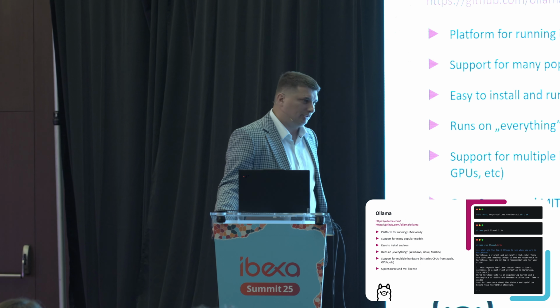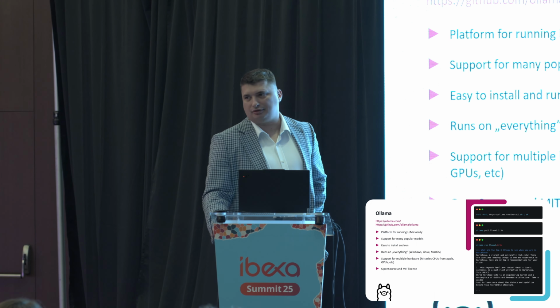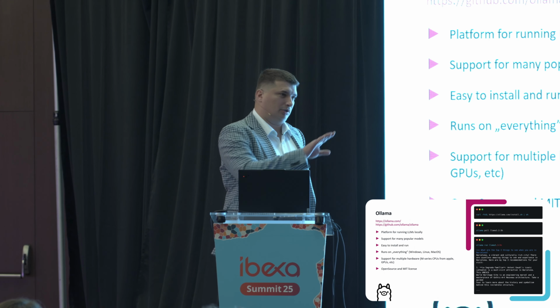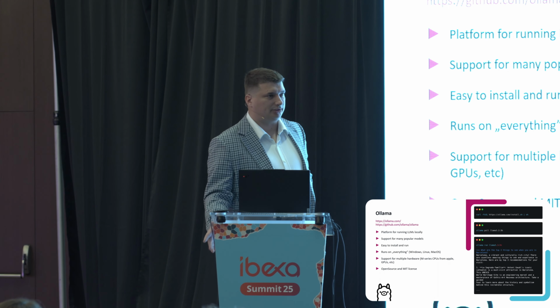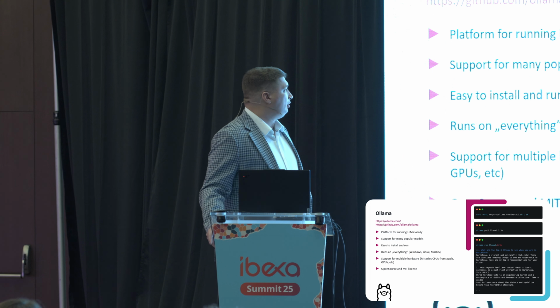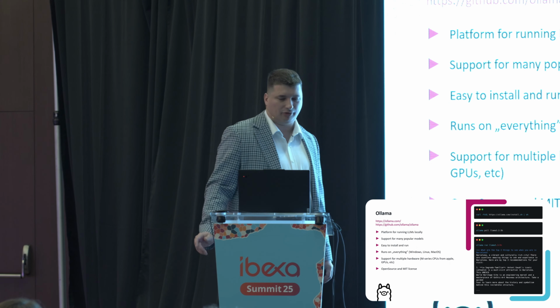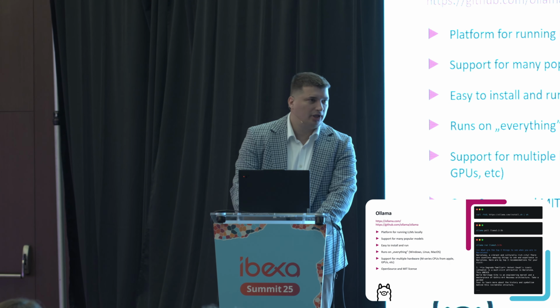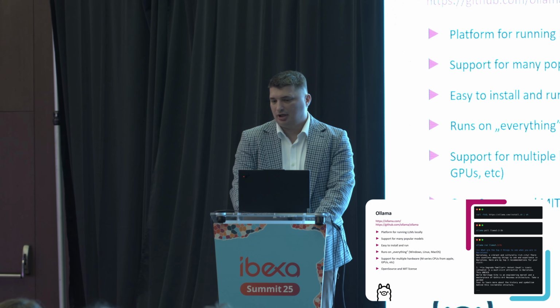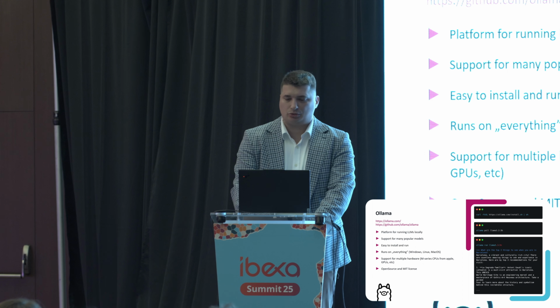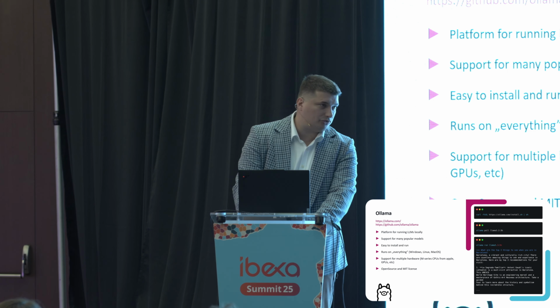It's very easy to install, and it runs on everything. By everything, I mean Microsoft Windows, Linux, macOS, and it supports a lot of hardware. For example, it runs very well on M-series CPUs from Apple, so MacBooks, and it shows great results with NVIDIA GPUs.